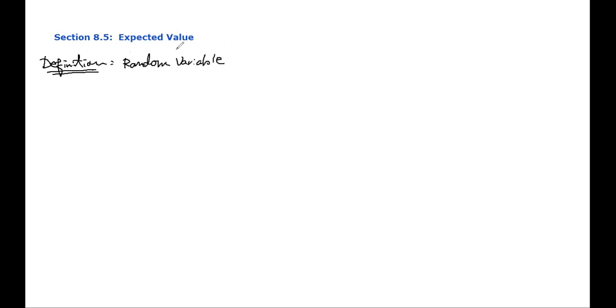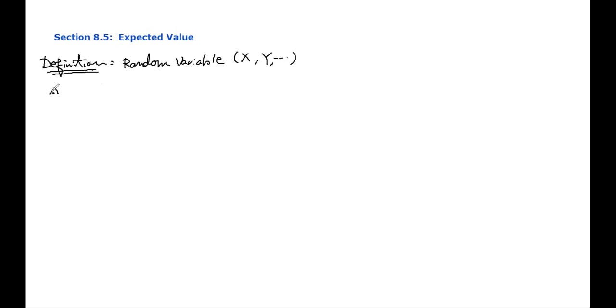For random variables, you can say random variable x, random variable y, or random variable z, whatever. You can always use a capital letter to represent the random variable. So what is a random variable?